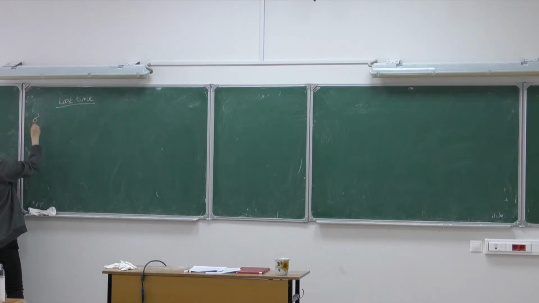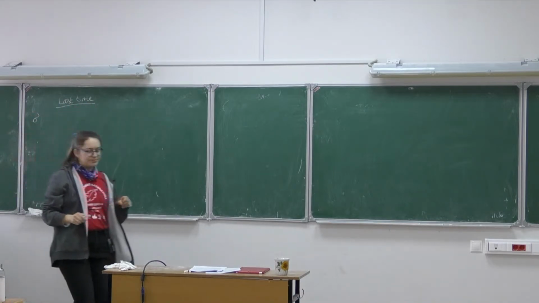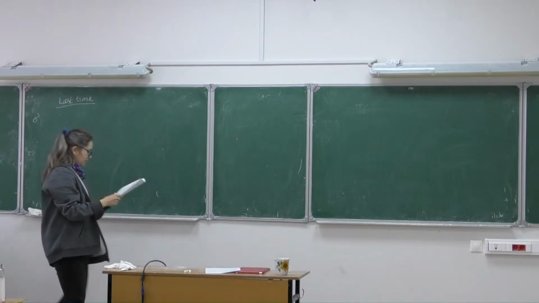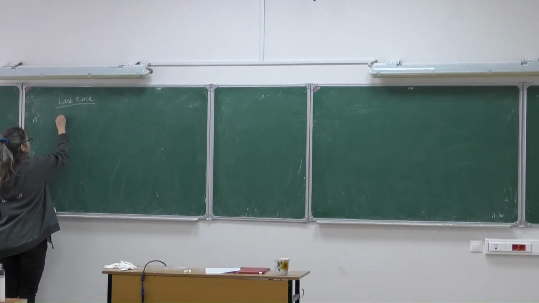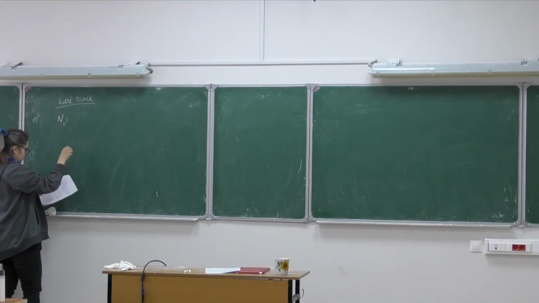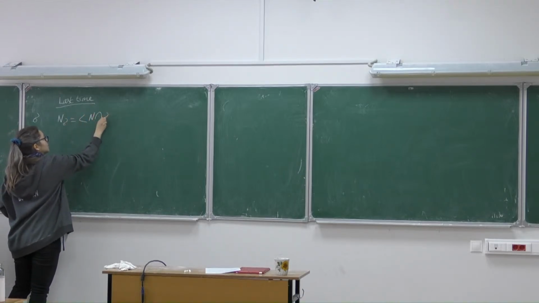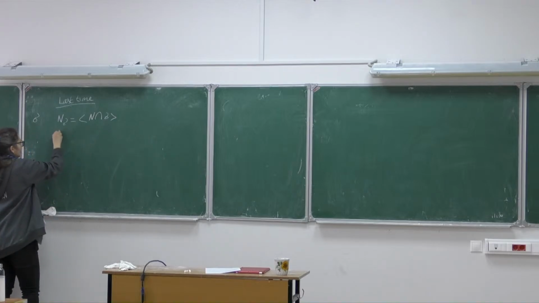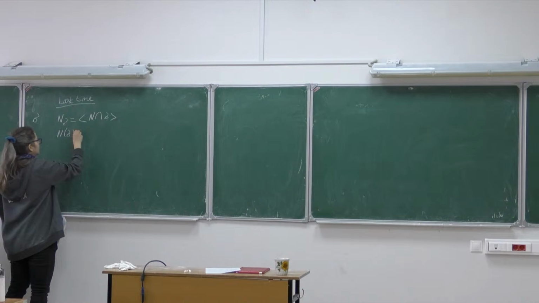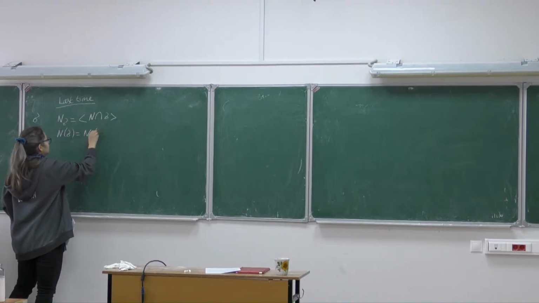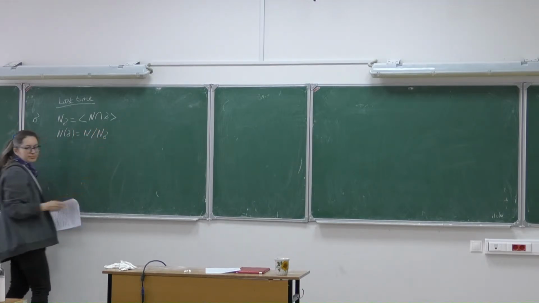We had a cone sigma, and we said that suppose that N sigma is the intersection, the linear span of the intersection, and N over N sigma is when we quotient N by N sigma.